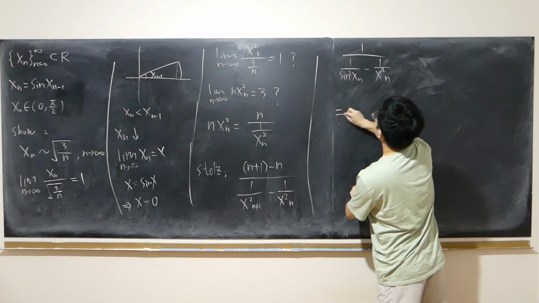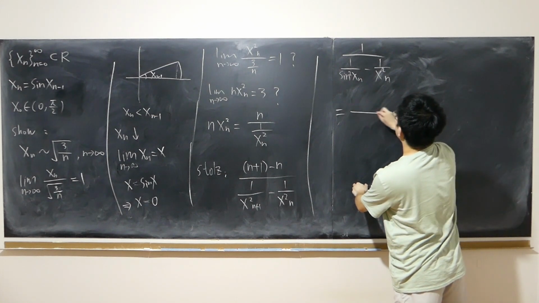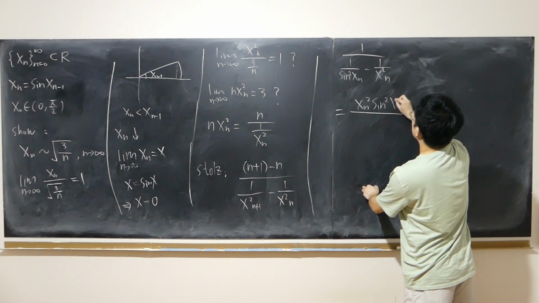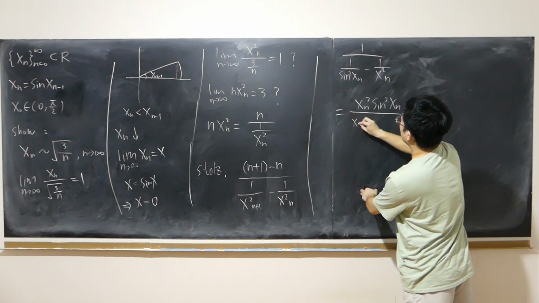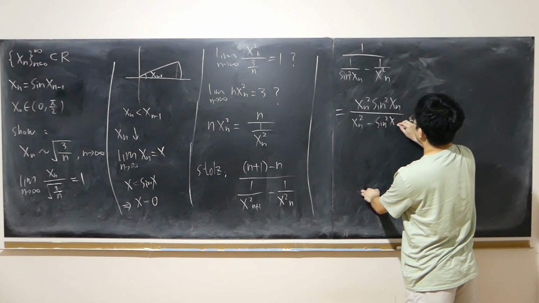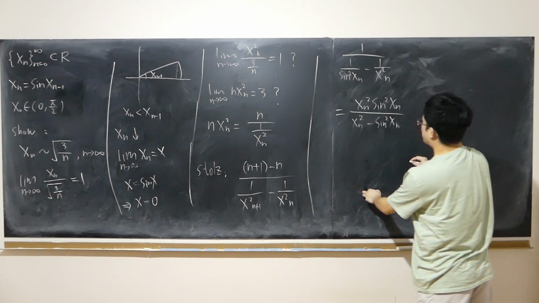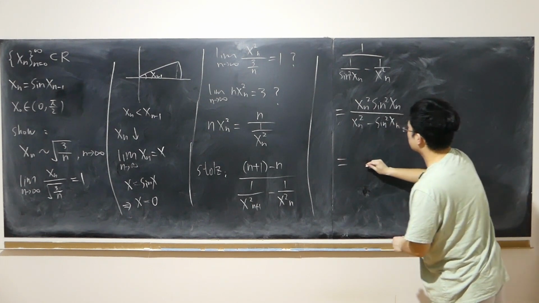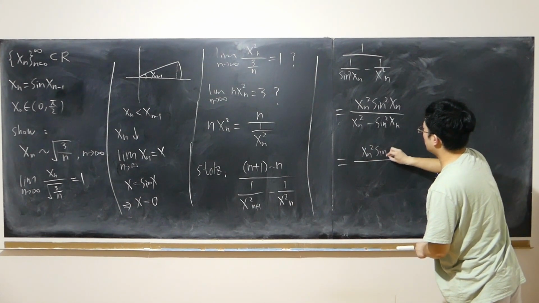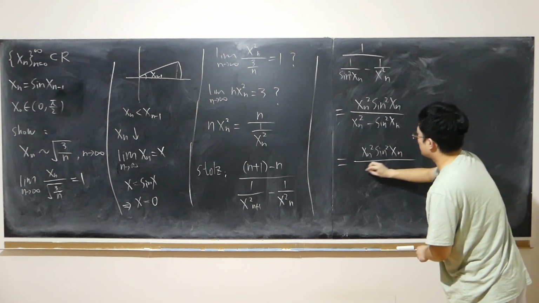So that is equal to xn squared minus sine square xn, over xn squared sine square xn.